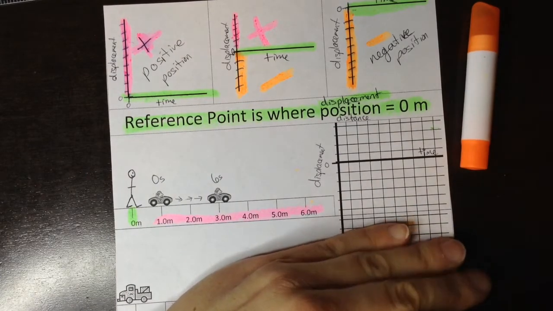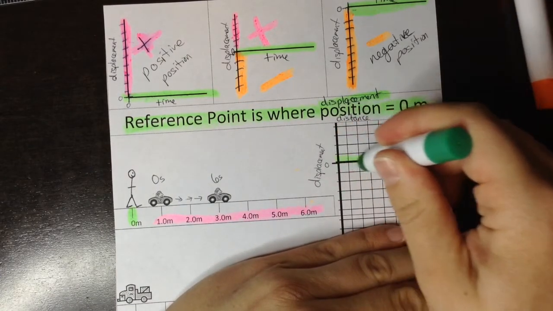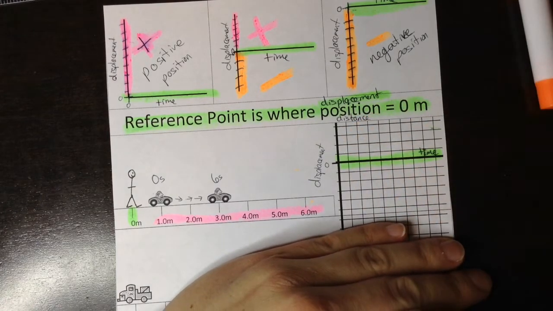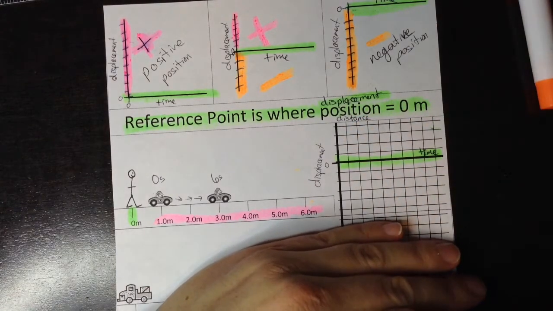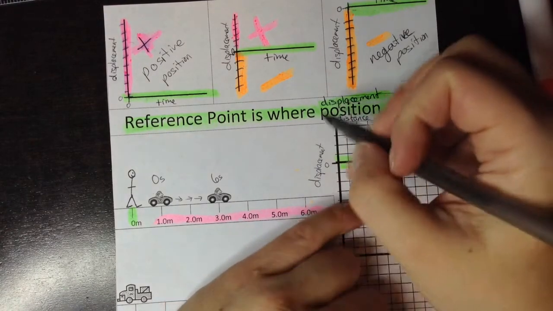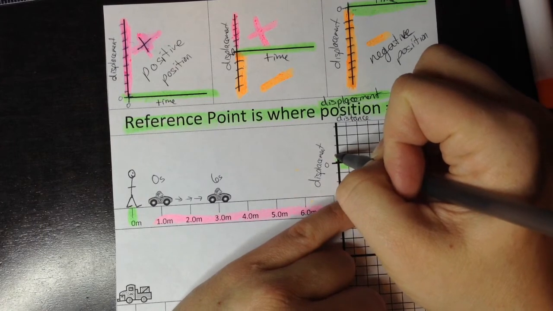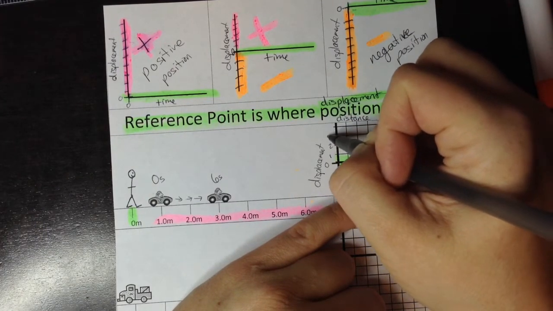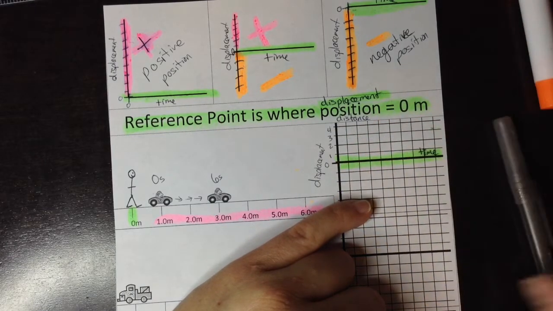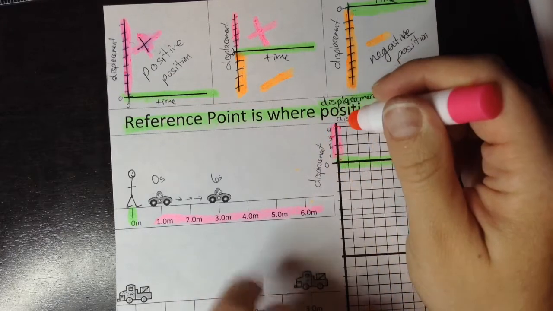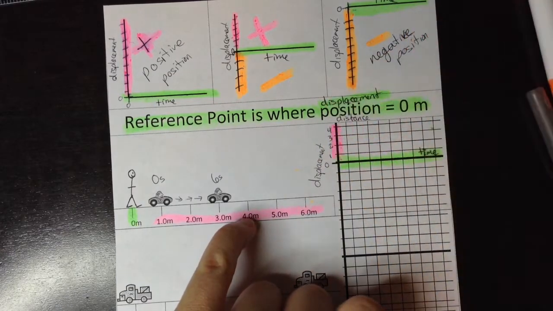And where the displacement is equal to 0, that is the reference point. Okay? So we have here positive numbers going up. So let's go ahead and label these 1, 2, 3, 4. Okay? Positive numbers for pink. Positive numbers. That's what we're working with here.